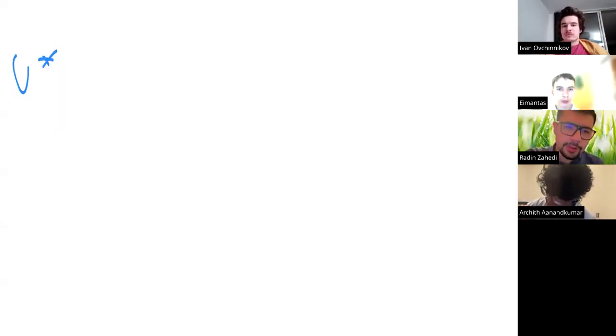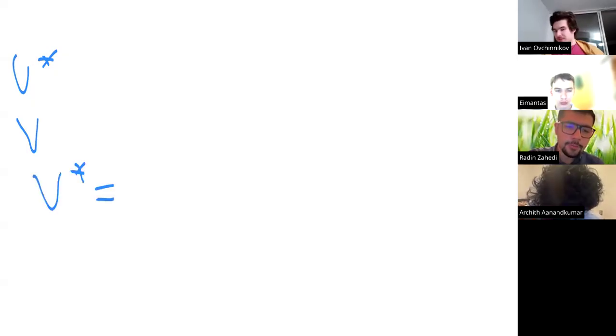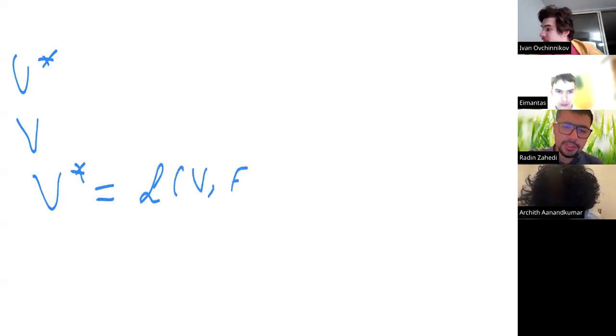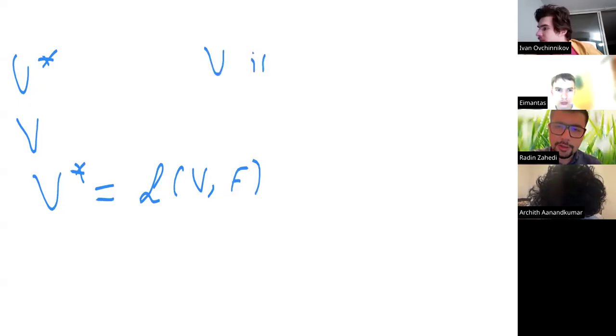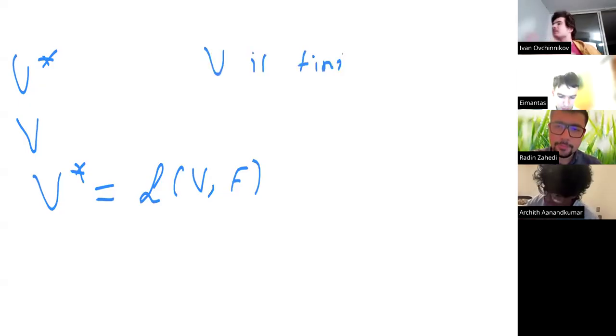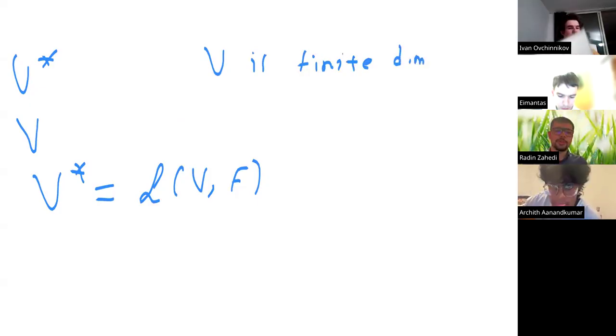If I have a V here and I know its dimension, can I say anything about the dimension of V star? For simplicity, let's first assume that V is finite dimensional. So what would the dimension of V star be?